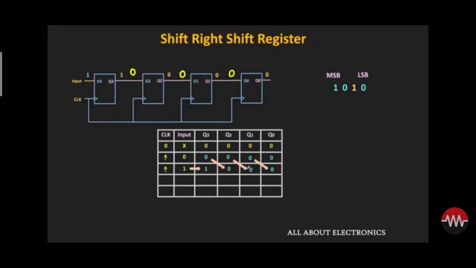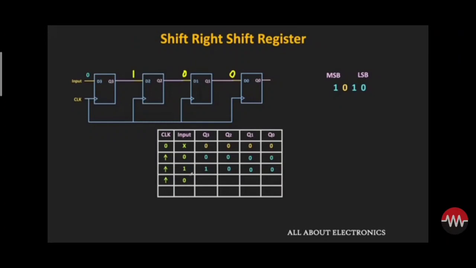So now at the next clock edge, the data which we want to move into the register is equal to 0. So the same 0 should also be applied to the input just before the clock edge. And at the same time, the remaining 3 inputs to the flip-flops are 1, 0 and 0. So now at the clock edge, all the 4 flip-flops will respond to their present inputs.